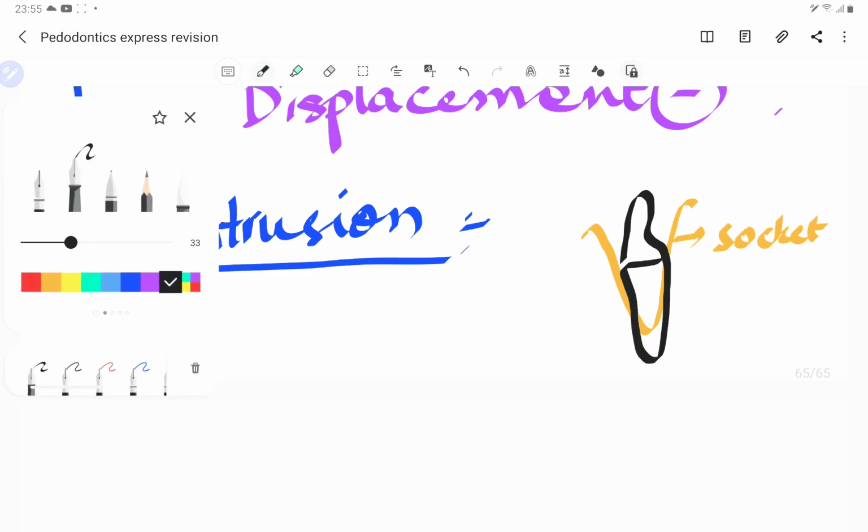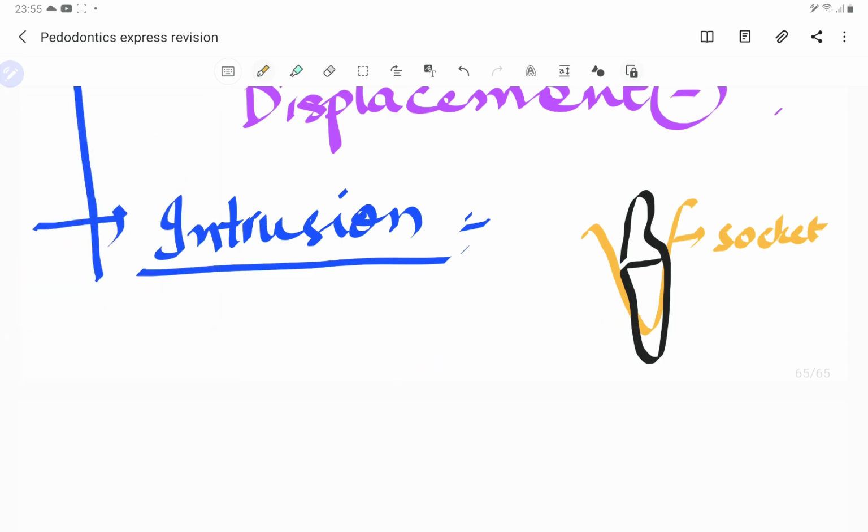Because of that, there is going to be fracture of this bone, like this, fracture of the socket. So we see there is fracture of the socket, or there can be comminution.